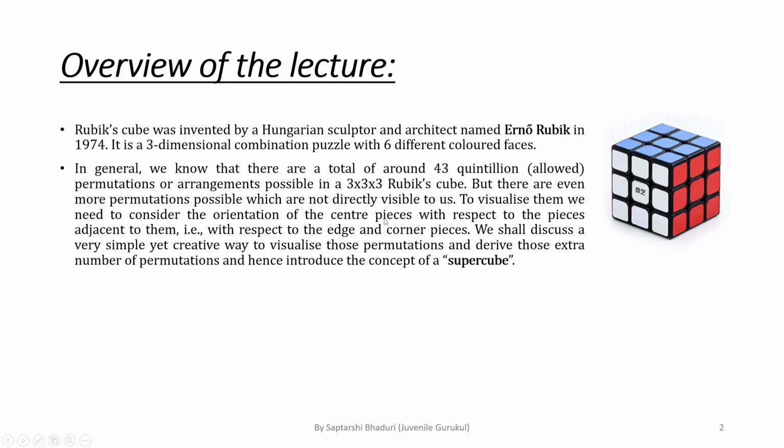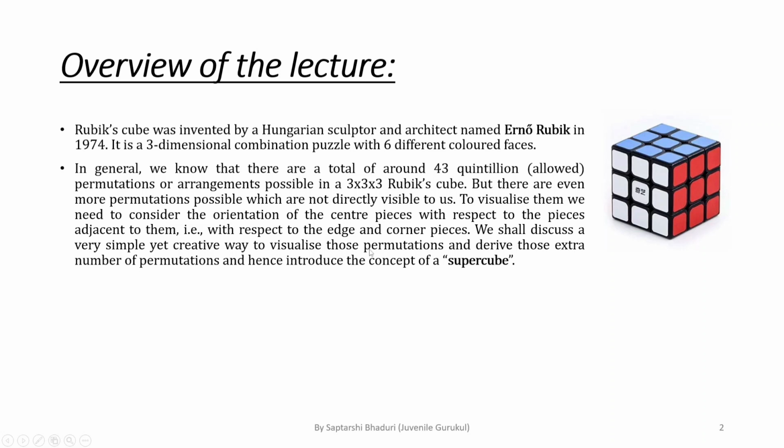We need to consider the orientation of the centerpiece with respect to the pieces adjacent to them, that is, with respect to the edge and corner pieces. These pieces are called the edge pieces, and these are called the corner pieces.